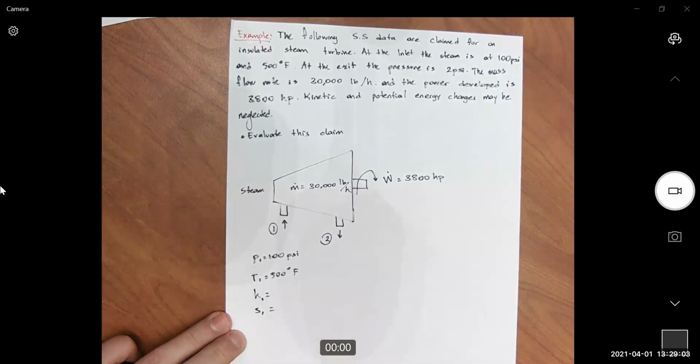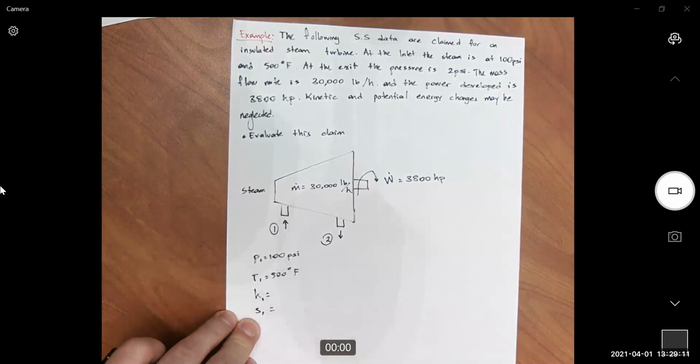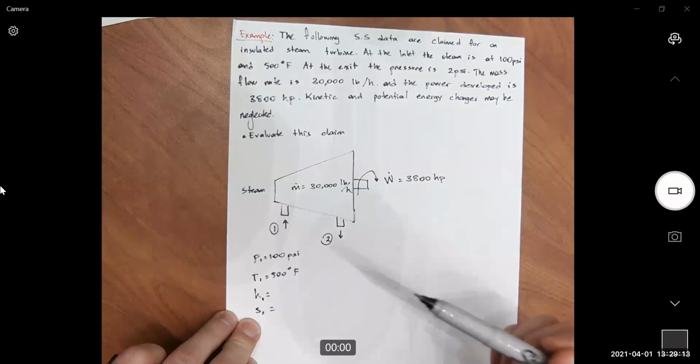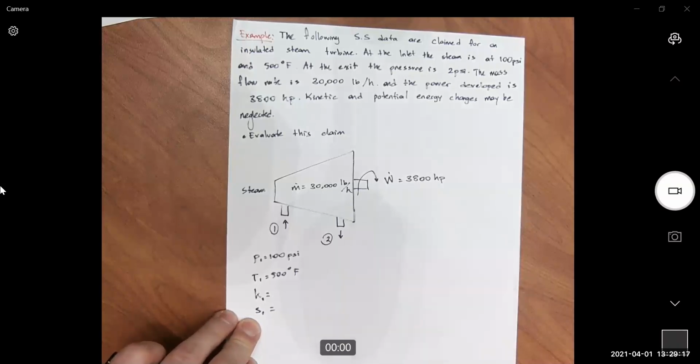We check 100 psi, 500 Fahrenheit. It's in the superheated region. For that pressure and temperature, you can find specific volume, internal energy, enthalpy, and entropy. We know how to do those things.